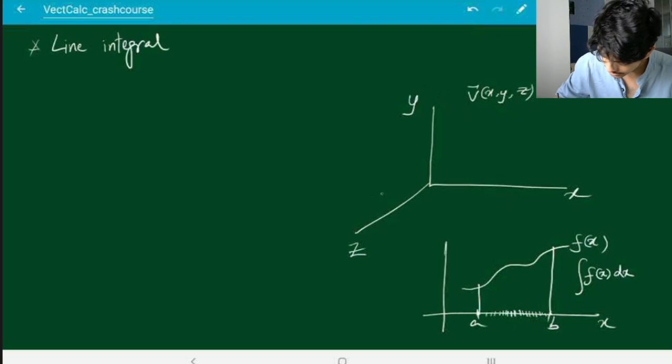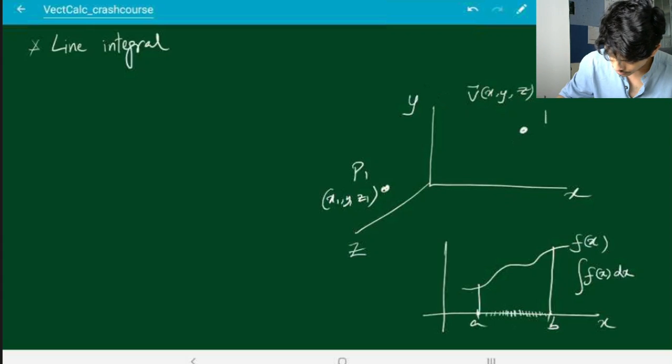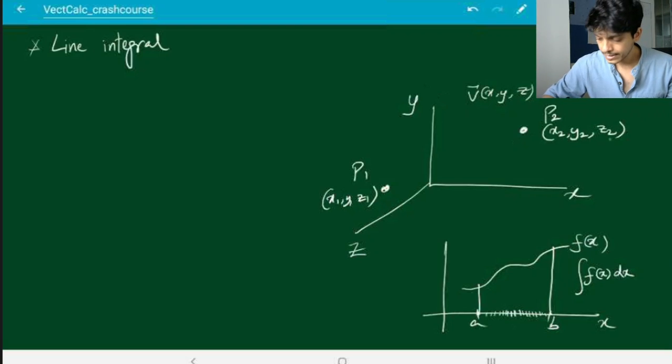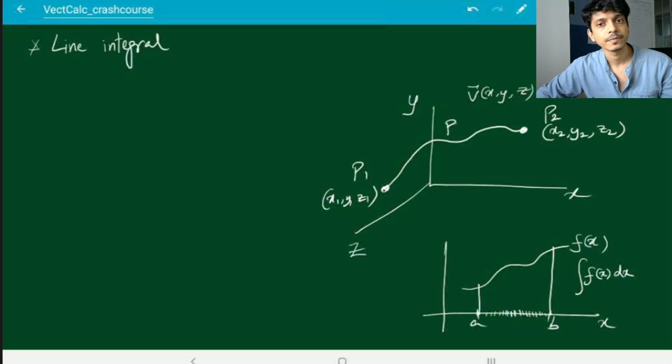So suppose there is one point over here called P1 which has some xyz coordinates, and there is some other point over here called P2 which has its own xyz coordinates, and there is some path that goes from P1 to P2. Let's call this path P. What I want to do is I want to integrate the vector field V over this path from P1 to P2.